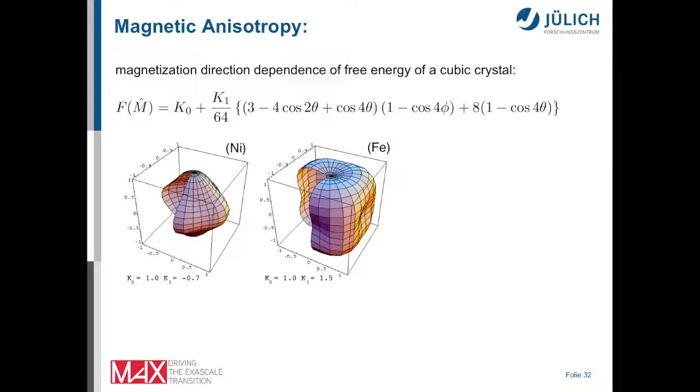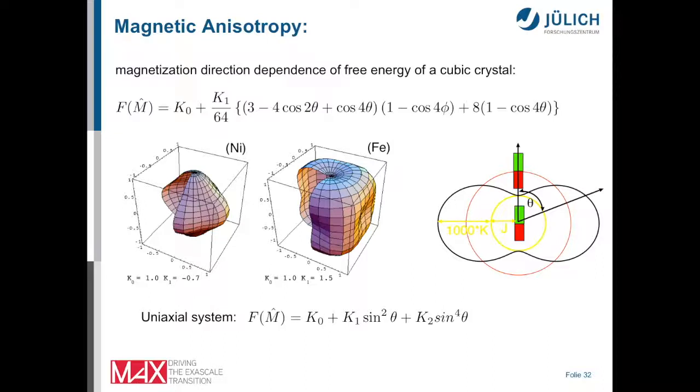You find then for nickel the lowest total energy is when the magnetization points along the space diagonal, and for iron you find that the lowest total energy you have if the magnetization points perpendicular to the sides of the cubes here. Now, of course, how these shapes look depends on the symmetry of your system.